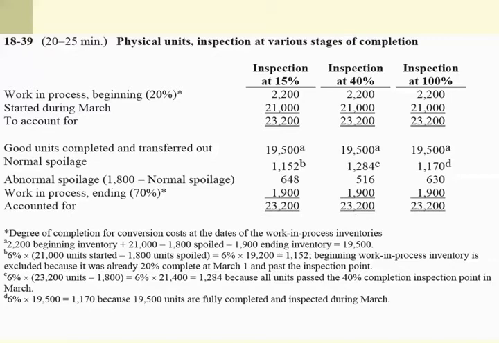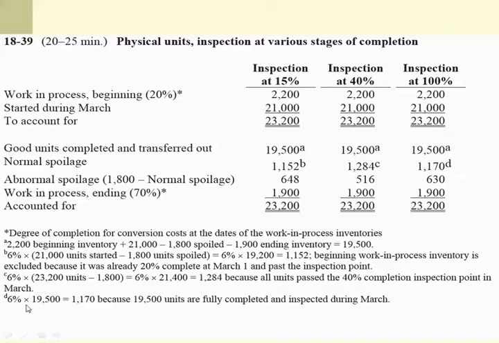Last requirement, inspection point at 100%. Work in process beginning given 2,200. Started units during March 21,000. Units to account for 23,200. Good units completed and transferred out as calculated before, 19,500.